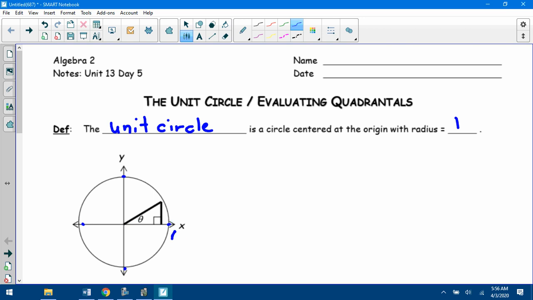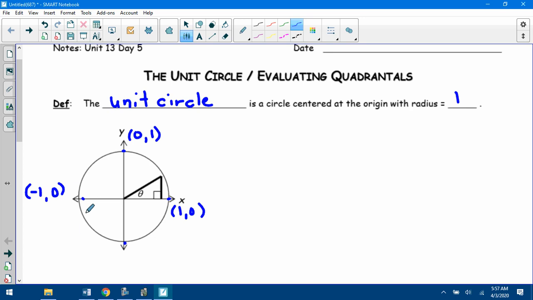So this point over here is (1, 0). What would this point up here be? Same idea. I'm going over 0 but up 1. So this point would be (0, 1). Over this way would be (-1, 0). And then going down would be (0, -1).